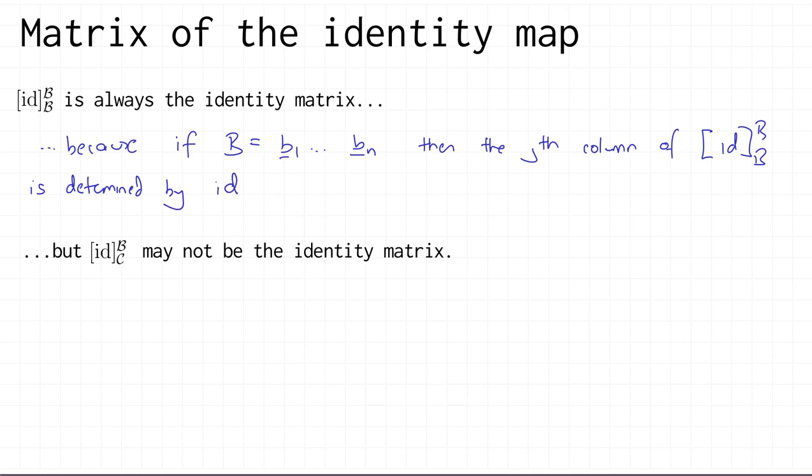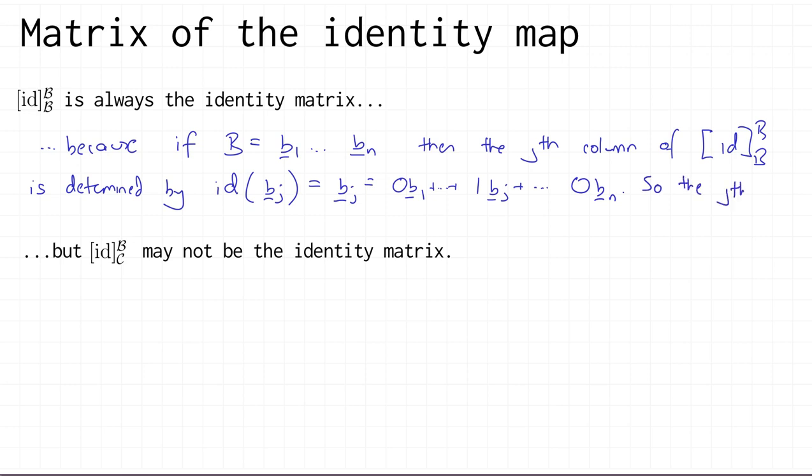I've got to take the identity, apply it to the jth basis element, and express the result in terms of my final basis. And of course the final basis being the same as the initial basis, this is bj again, so that's just 0 times b1 plus, and so on, plus 1 times bj plus, and then 0 times everything else.